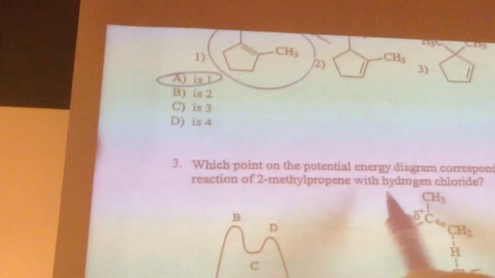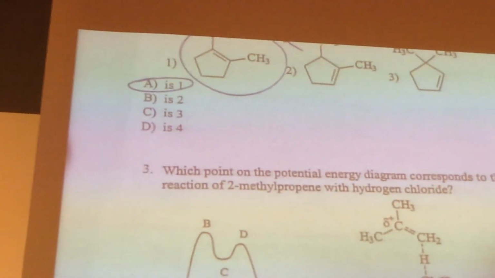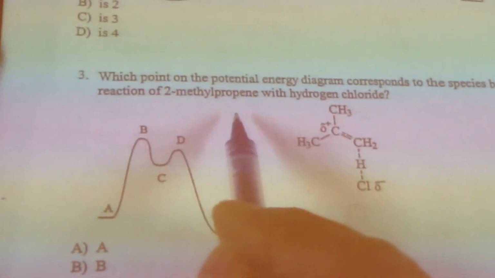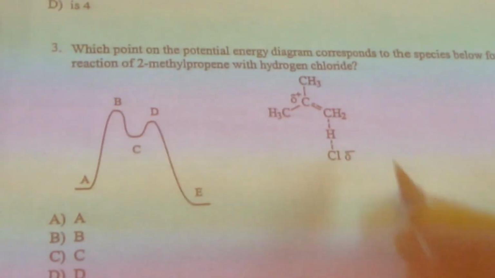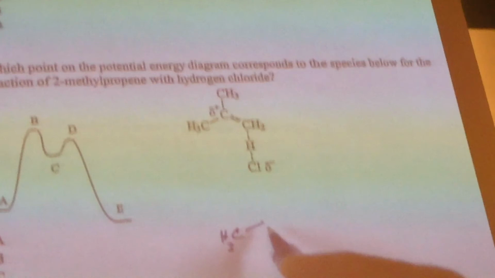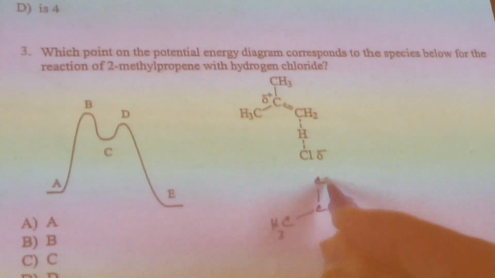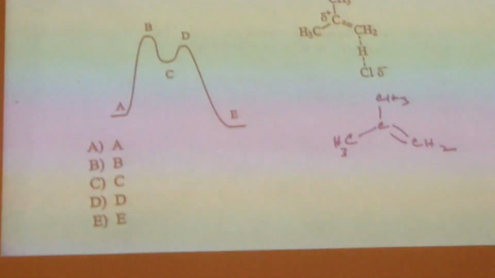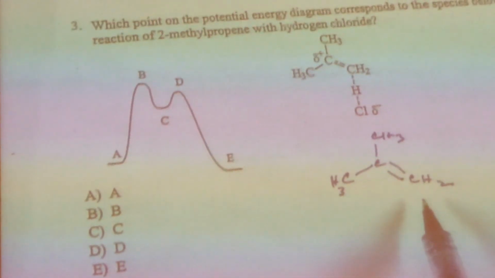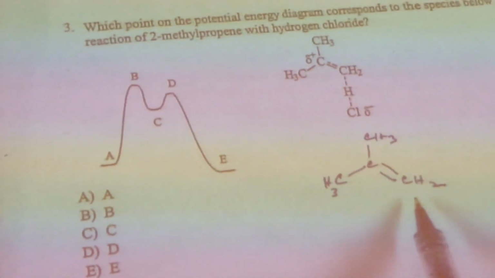Which point on the potential energy diagram corresponds to the species below for the reaction of 2-methylpropene with hydrogen chloride? Okay, so 2-methylpropene is this. And the way the reaction goes, the hydrogen chloride protonates the CH2 first, following Markovnikov's rule.